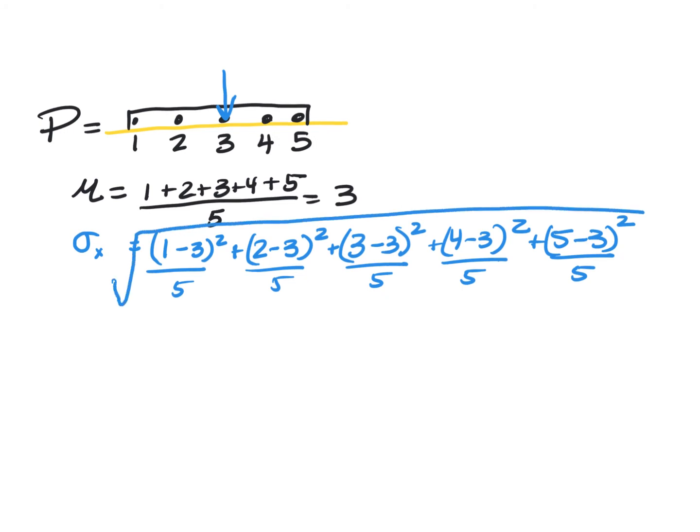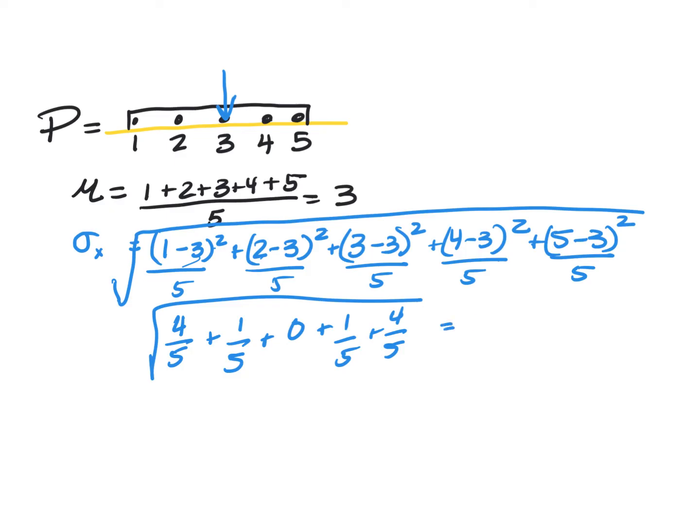So this is 4/5 plus 1/5, 0/5, 1/5 again, 4/5 again, 10/5, which is 2, the square root of 2. So that's 1.41. Okay, everybody good with that?